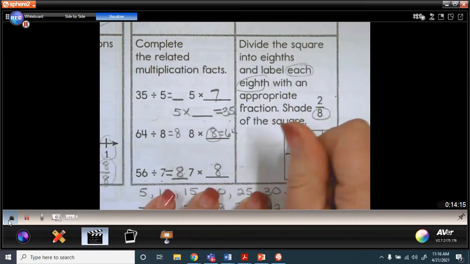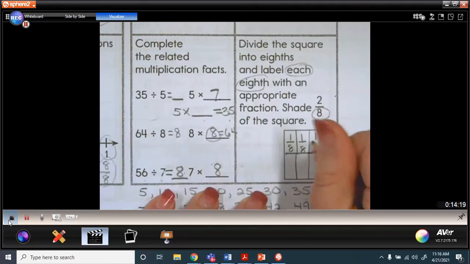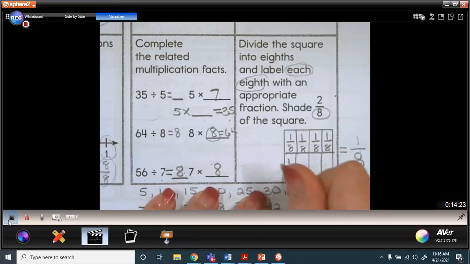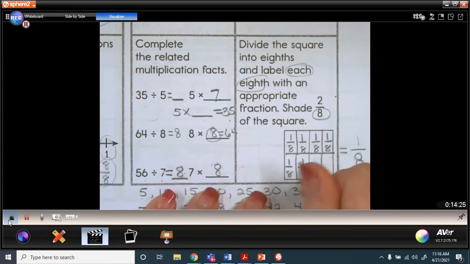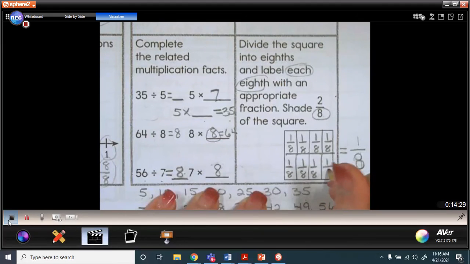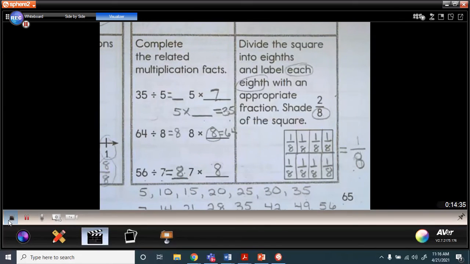So remember, we call these unit fractions. Unit means one of the pieces. What is a unit fraction? One of the parts. So each one of these is going to be 1/8 of this square. Now, it asks me to shade in 2 of the 8s.